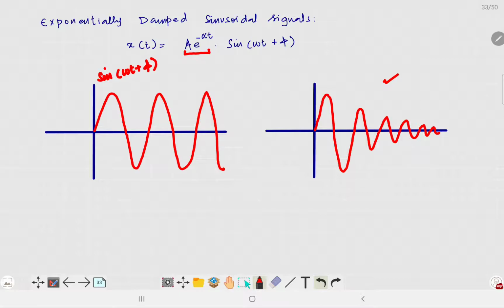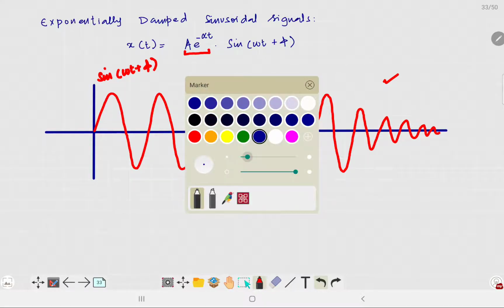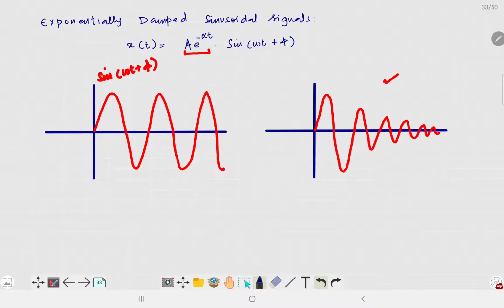Gradually the sound will decrease. First it will be a big thud, and obviously the waves associated with the sound will also decay as time goes on. So this is a more practical case of an exponentially damped sinusoidal signal. Its envelope will be an exponential decay, decaying exponentially. Fine.